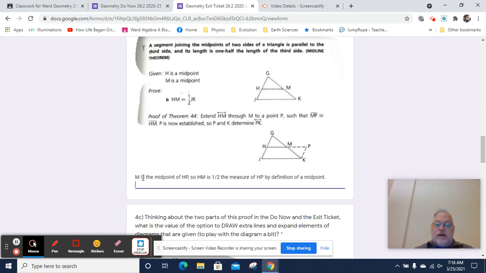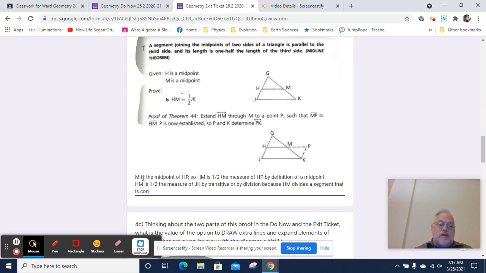Now, once we've done that, by transitive property, we can say that HM is also 1/2 the measure of JK, or by division, because HM divides a segment that is congruent to HP, to JK, into two equal portions.